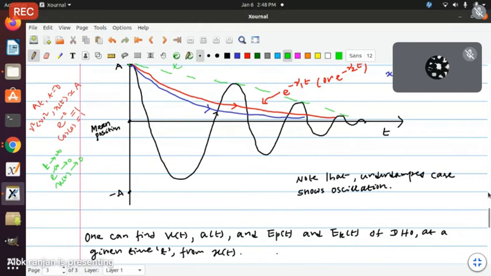For example, the overdamped and critical damped cases represent that if you pull the oscillator and release it, it will never move to the other side of the mean position. That means it won't perform any oscillation, whereas the underdamped performs oscillation. We explained why they got named like that. And finally, we calculated the total energy. In fact, I asked you to calculate it, and it is indeed a part of your assignment, which I am going to upload by today.